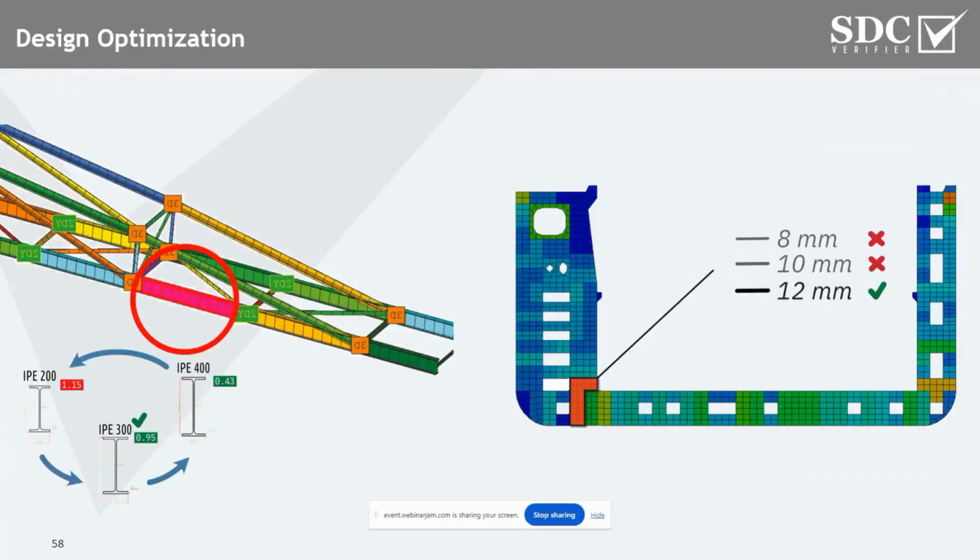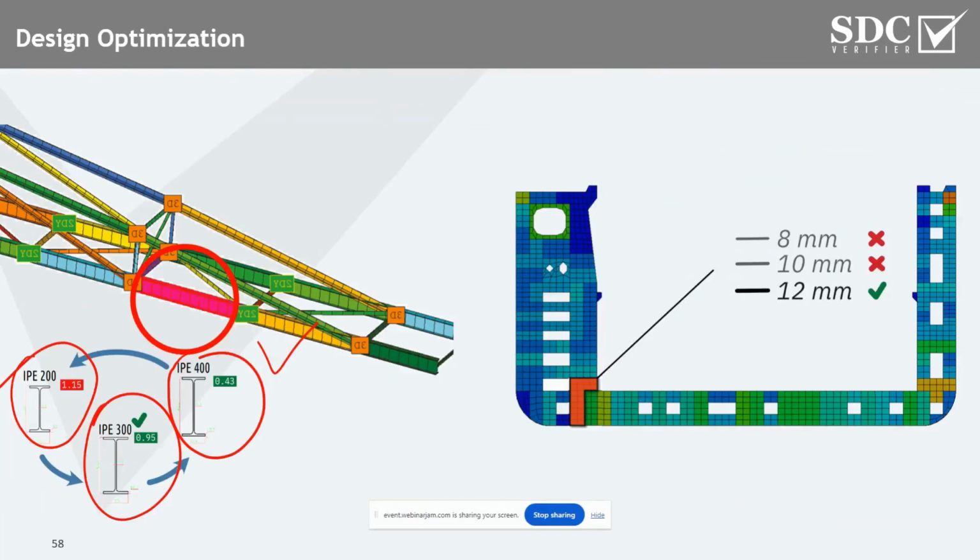So for that purpose, we have a design optimization tool. When focusing on this case with beam buckling of the crane boom, basically what you do is simply come up with a list of options you want to check. You tell the software, okay, I have 10 different properties or cross sections, I want to check them instead.